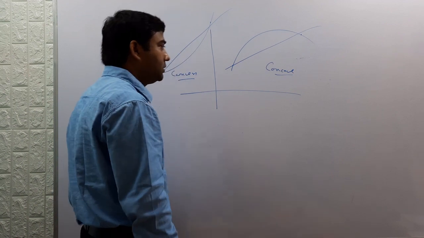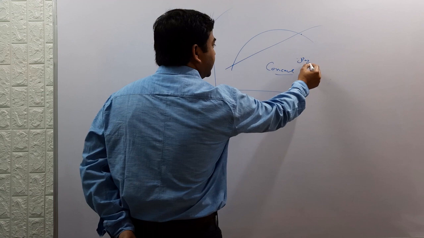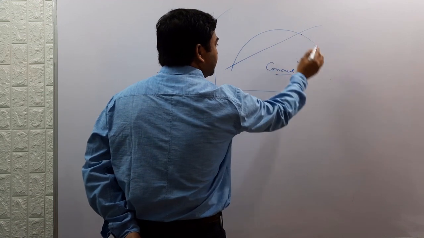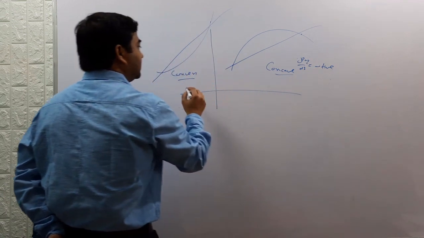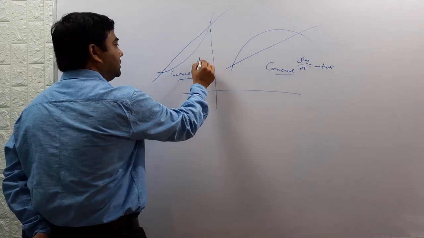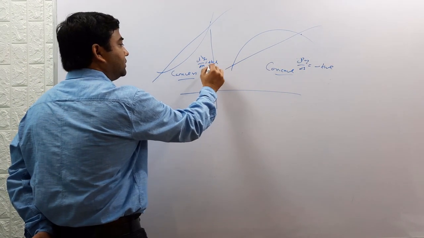So d2y over dx square in this region will be negative for a concave function, and for a convex function d2y over dx square will be positive.